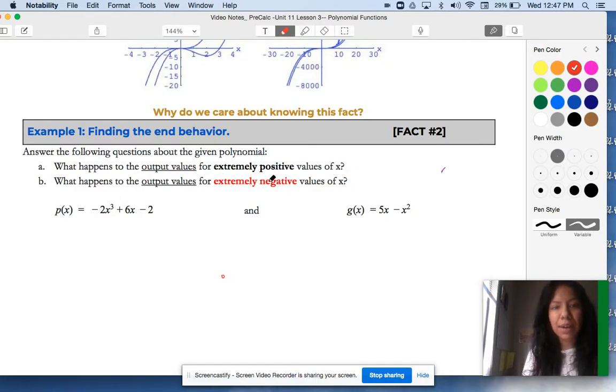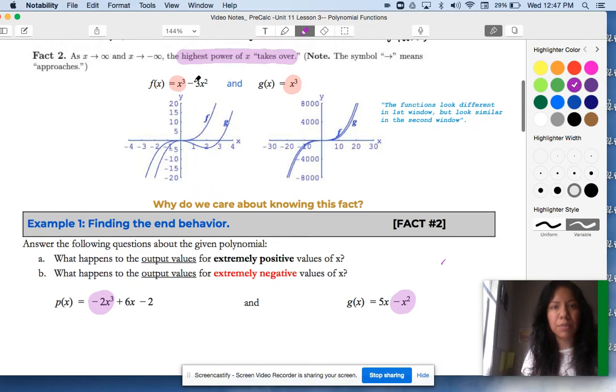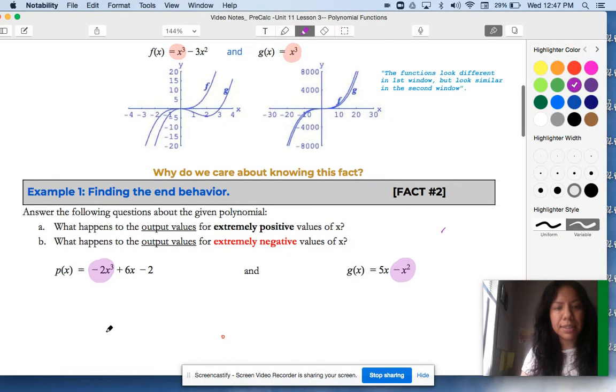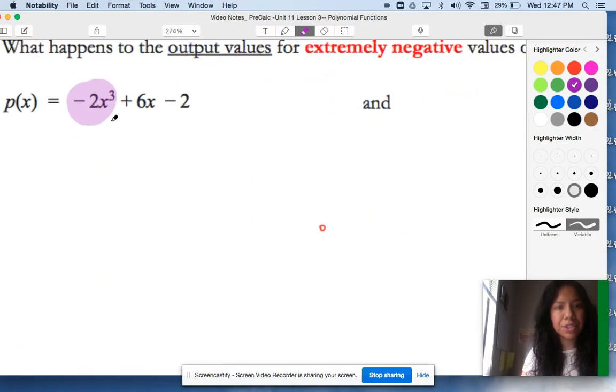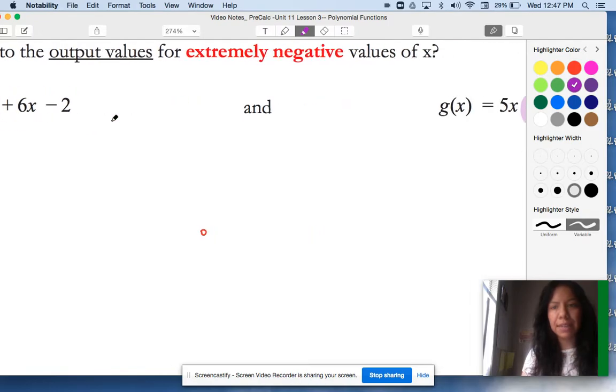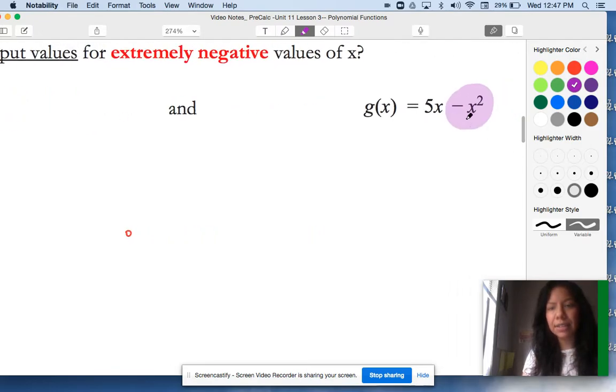When we want to determine outputs for extremely positive inputs or extremely negative inputs, we're going to look again at the term with the highest power because we know that that takes over, just like fact number 2 is saying. Once we've identified the highest power, for p of x it's negative 2x to the third, and for g of x it's negative x squared.